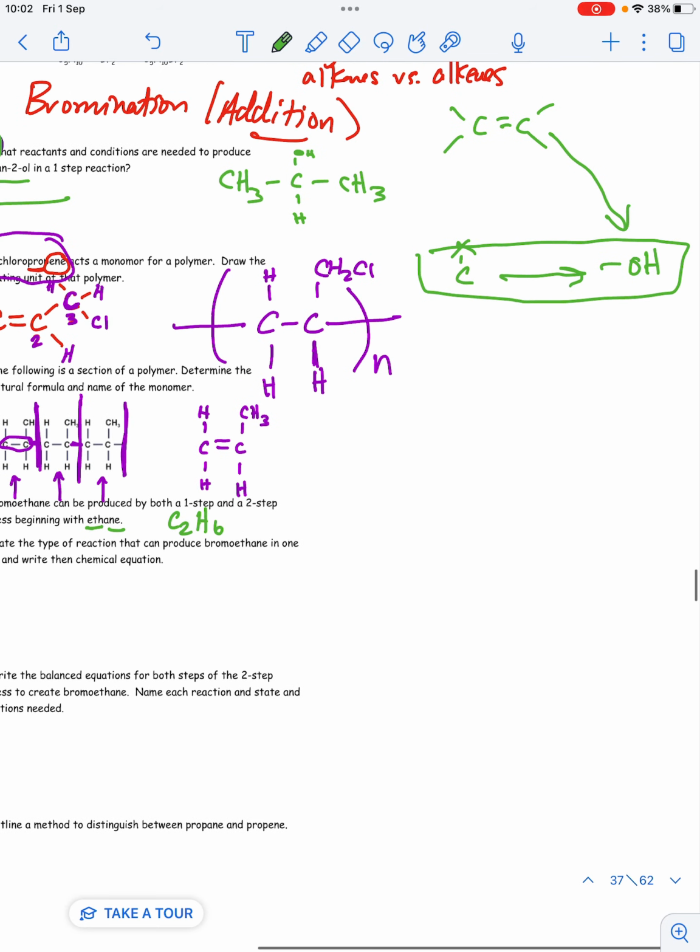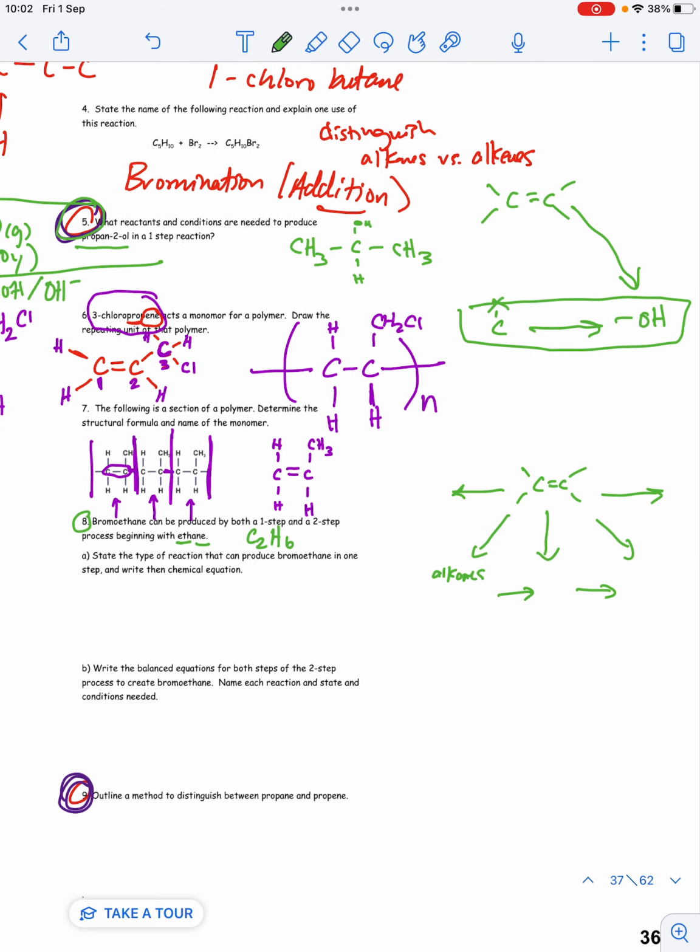Again, thinking about where it is on this flow chart of reactions, remember up top we have alkenes. There are 5 different addition reactions which form the body, and then our alkanes are over here. And there are a couple of substitution reactions. Now it says that bromoethane can be produced by a 1-step and a 2-step process beginning with ethane.